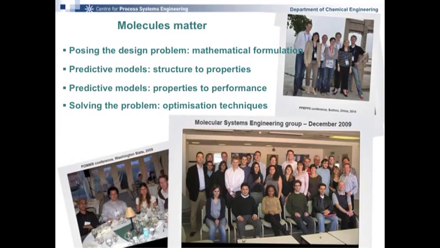Okay. And so hopefully, through this rather quick tour of the work over the last 15 years or so, I've convinced you that molecules matter to process design, and I've shown you what ingredients are needed to solve this problem successfully: in terms of mathematical formulation, in terms of having models that are predictive all the way from molecular structure to performance, and in terms of having optimization tools that can solve these complex nonlinear and combinatorial problems.